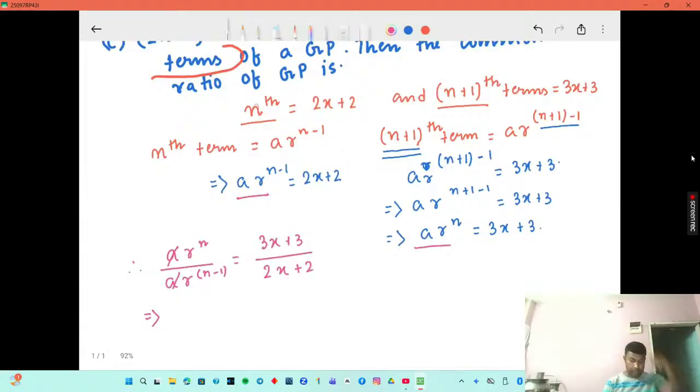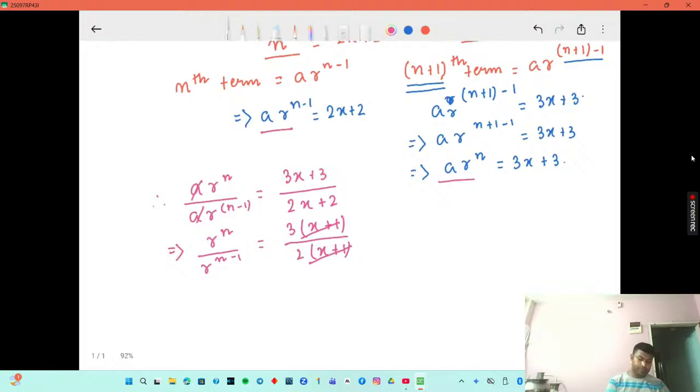So r to the power n by r to the power n minus 1 is equal to 3 times x plus 1 by 2 times x plus 1. So we will cancel these two and we will write r to the power n by r to the power n divided by r.